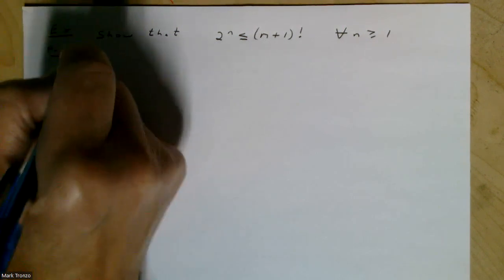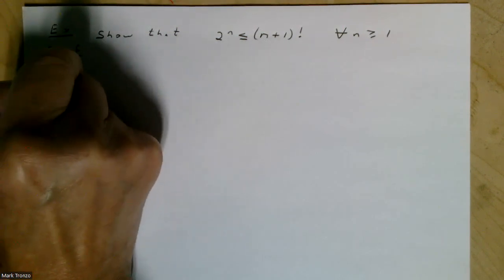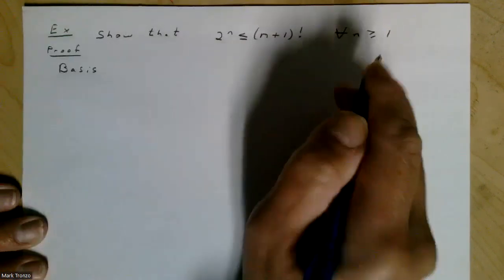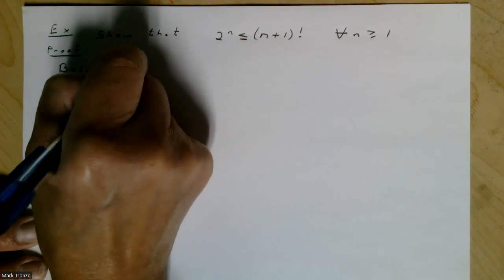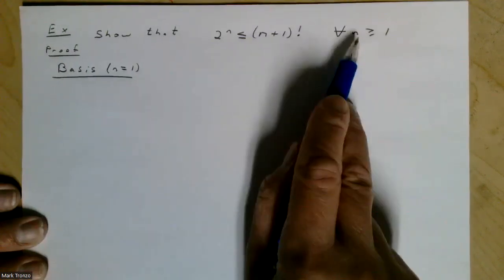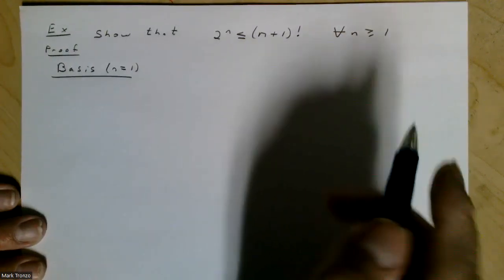Let's do the proof and do your basis step. Again, this time n is going to be equal to 1. Again, based on what we're given up here.